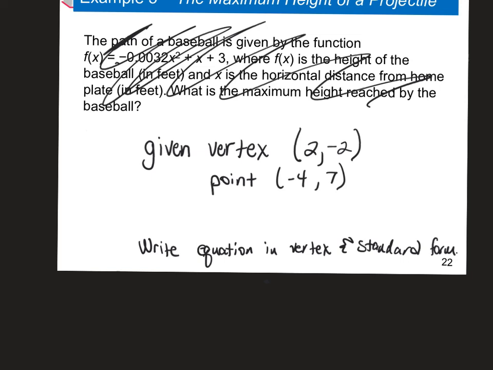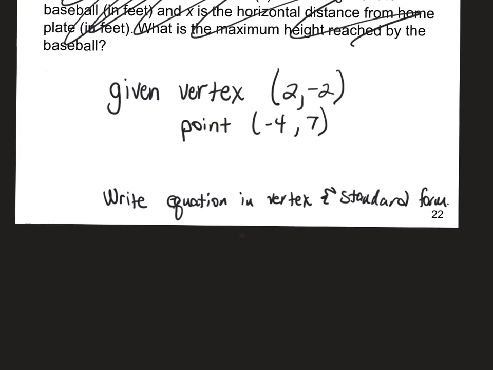Okay, guys, so you might be asked to write the equation in vertex and standard form given a point and the vertex. So what we're going to do here is we're going to talk about how this is the H part of my vertex. This is my K, this is my X, and this is my Y. So if you guys were going to write the equation of a line, you would write y equals mx plus b.